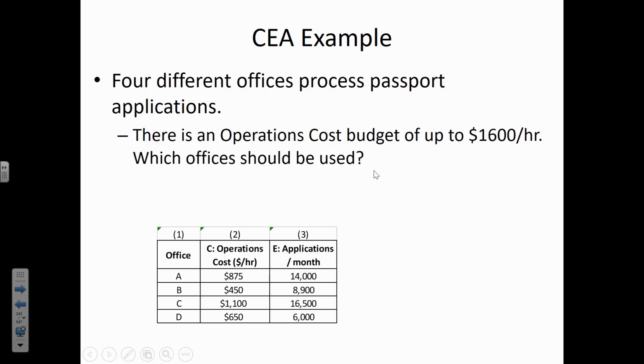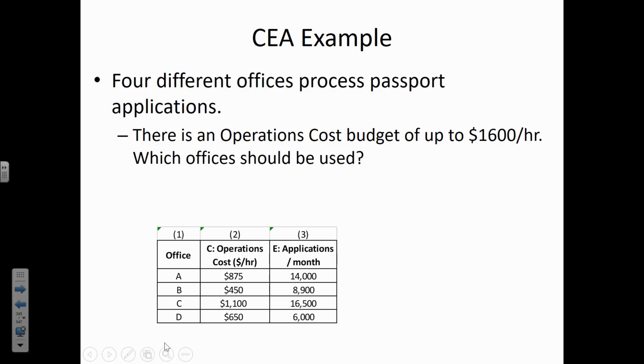And so let's just use an illustration here: what if there's 4 different offices that are processing passport applications. And so for an office that has employees and electricity and rent that they have to pay and health care, it's easy for us to add up all of the expenses with having an office open.